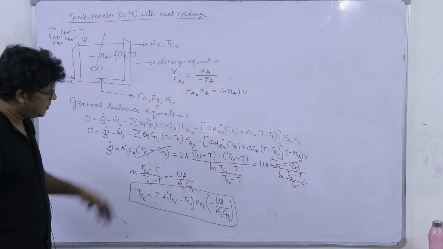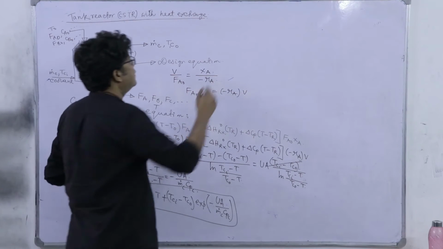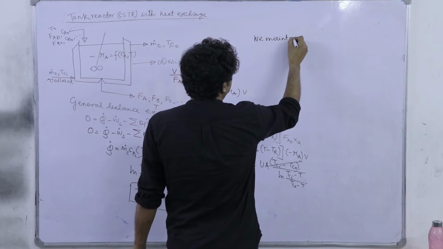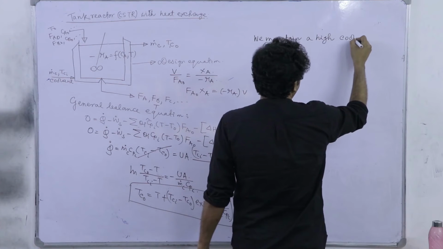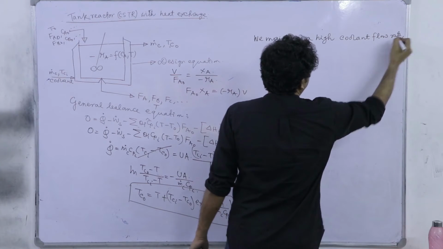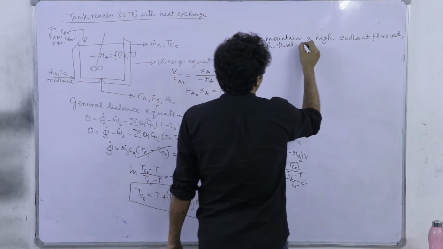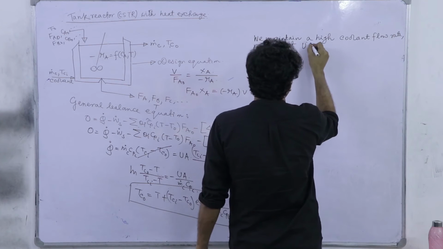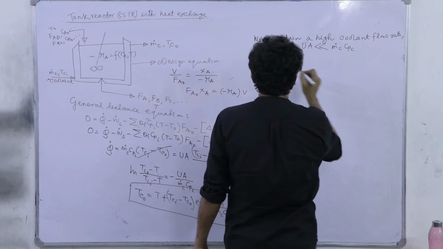So, this can be actually simplified in all real conditions because we maintain a high coolant flow rate such that UA is much lower than m dot C Cpc.